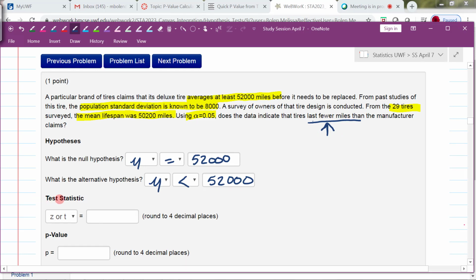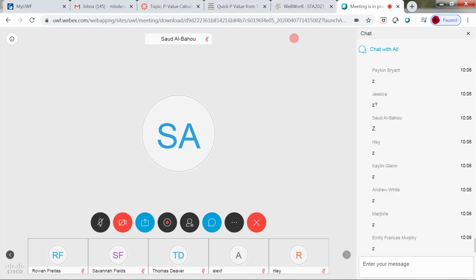And then it says, is this a T or a Z? So everybody type in, is this a T or a Z? I'm not going to show it until I hear a whole bunch of beeps. Actually, I think you all can see everybody else's response, right? Excellent. Very good.